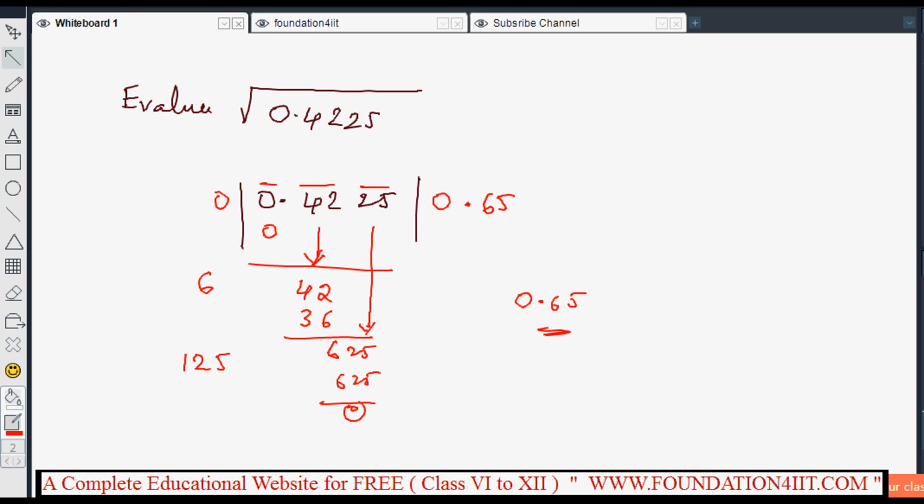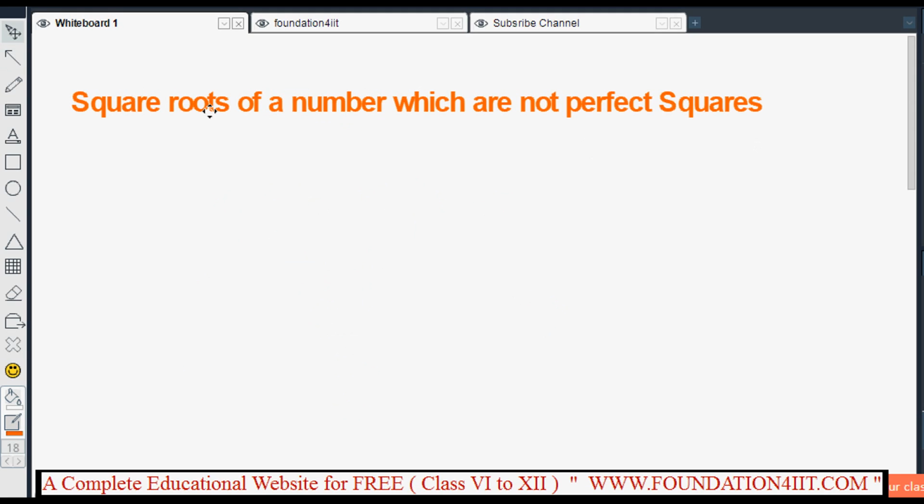Now I'll explain finding the square root of numbers which are not perfect squares. If it is not a perfect square, then how do we find the square root? We will see some decimal numbers which are not perfect squares.